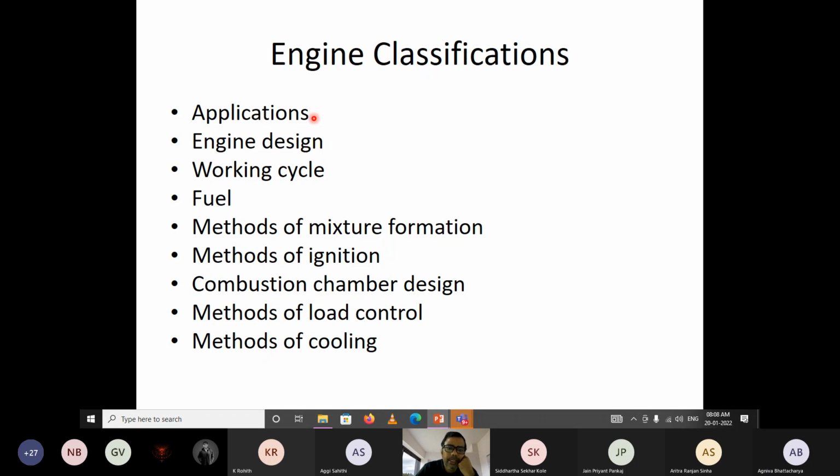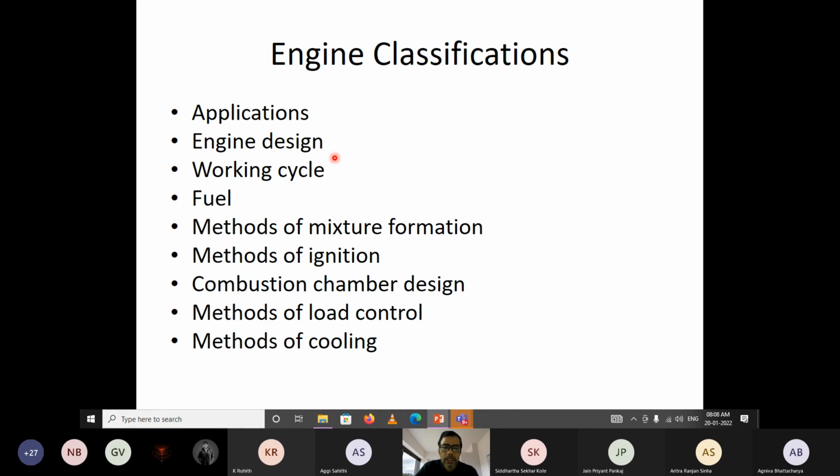So it depends upon where we are using the engine, and based on that it can be classified. Then based on the engine design, we may divide the engine into the reciprocating engine. Further, the reciprocating engine can be divided based on the arrangement of the cylinders.